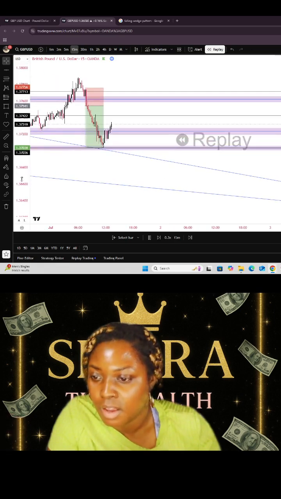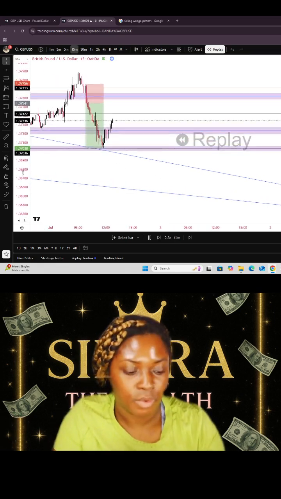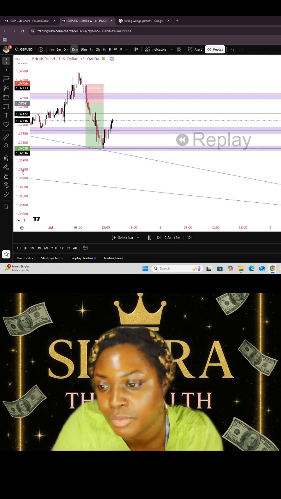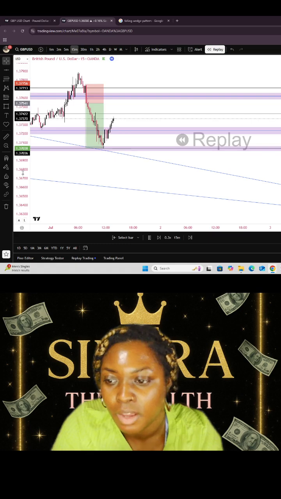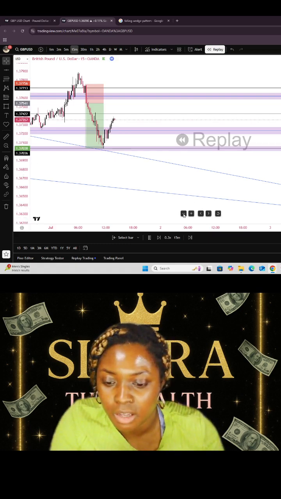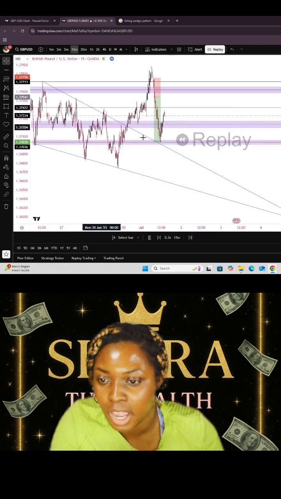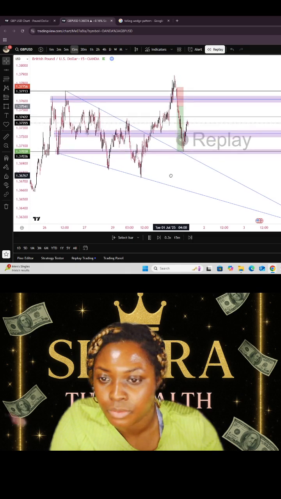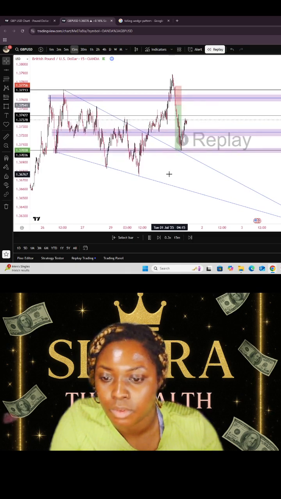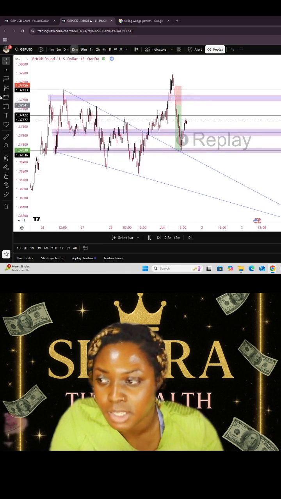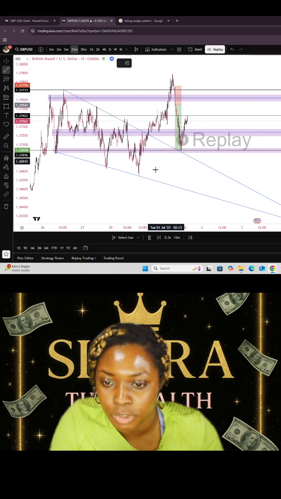Sorry. I wanted to look at what was going on in the bigger picture. This is definitely consolidation, y'all. If you can see how price is just staying in this area, okay? Price has now created another trend line, right? I have a rejection point and a rejection point.